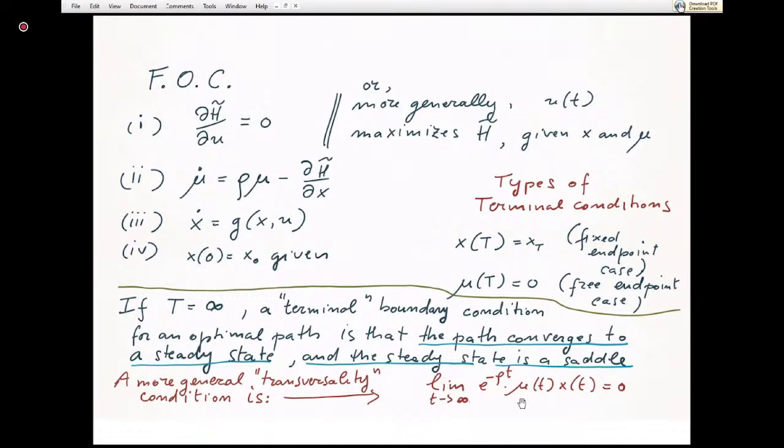And it can be shown that in a large number of cases, this is equivalent to requiring that the path converges to a steady state, and the steady state is a saddle. So basically, if you look at this condition, the product between the state variable and the co-state variable, discounted, must converge to 0.